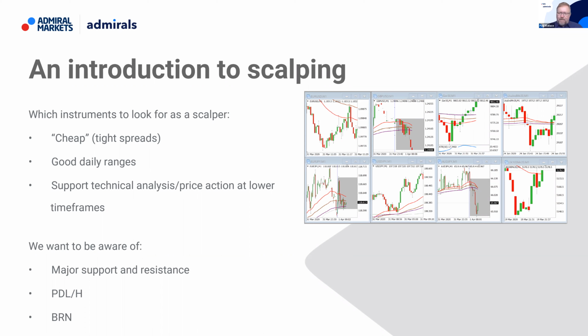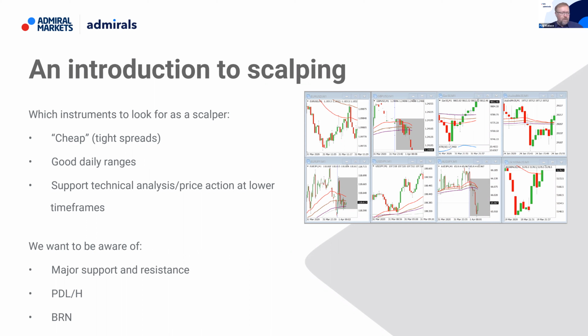You also need something that has a good daily range. Some people try to scalp things like the bond, but the bond doesn't have a huge range. Some of the FX pairs, like the euro against the sterling, are better than they used to be, but sometimes they can be very deathly quiet in terms of range.